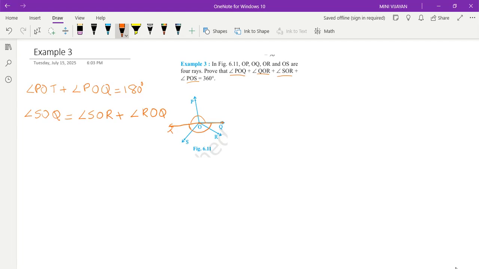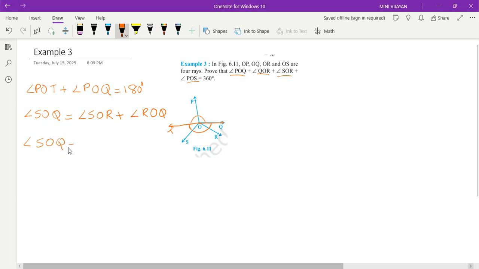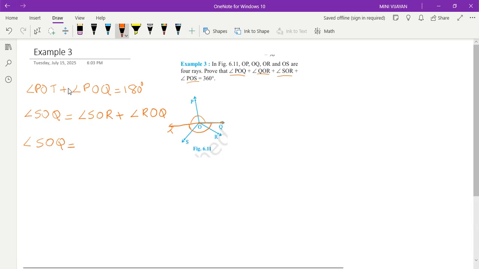Clear? Now, which is the linear pair of angle SOQ? Which angle will be added to SOQ in order to get 180 degrees, a straight line angle?